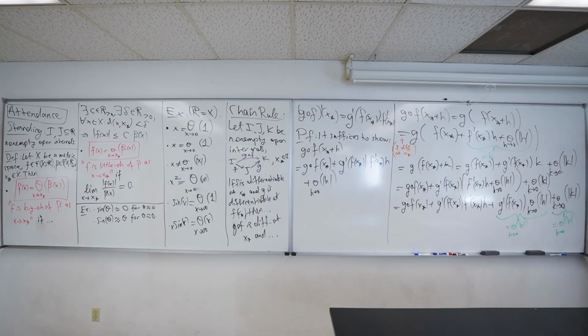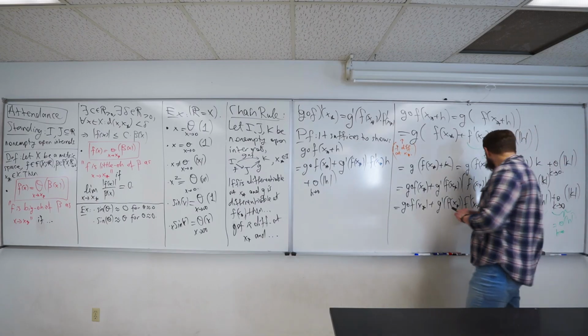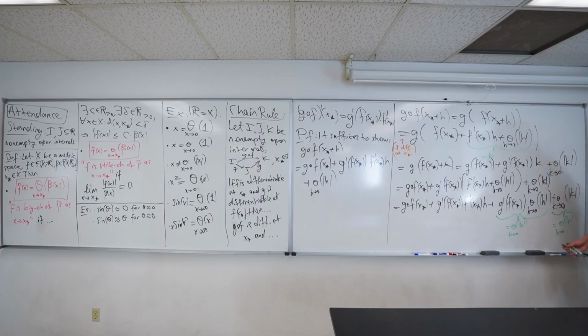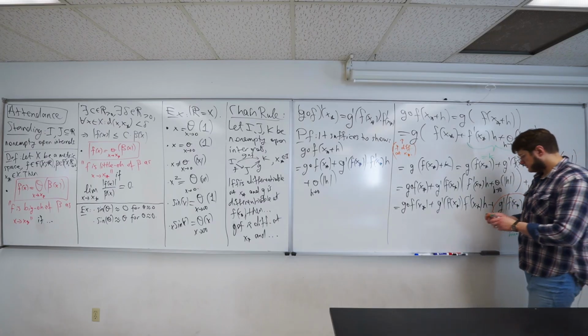And if you add two things that decay faster than h does, you're going to again end up with something that decays faster than h does. So that means that this whole thing is little o of h as h goes to 0, which is the end of the proof.